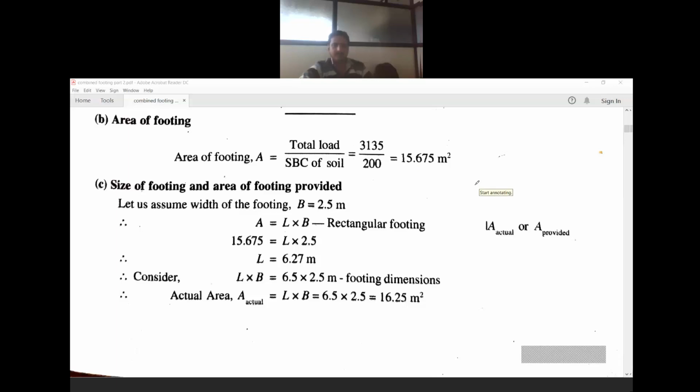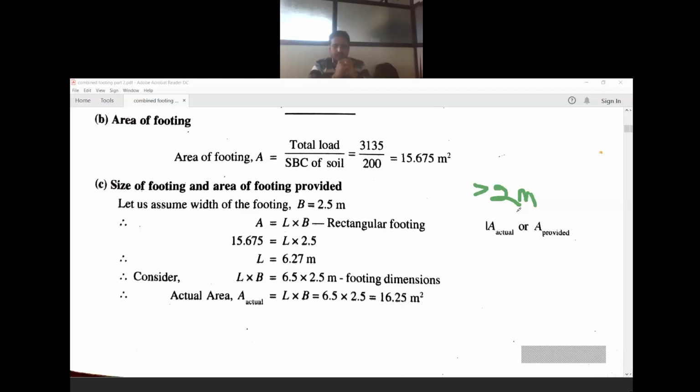If you are supposed to assume the width of the foundation, note that it should be greater than 2 meter. If they have given it in the question itself, as in the previous case where they had given 1.8 meter, you can take 1.8 meter in that case.